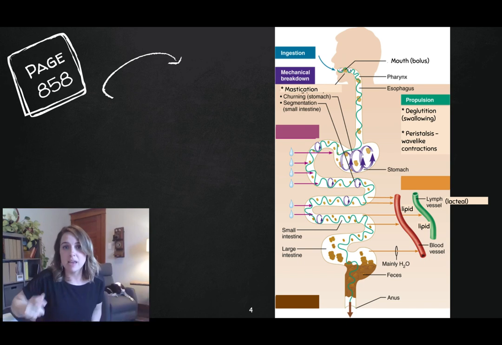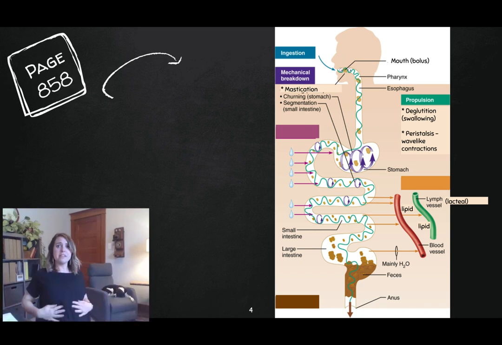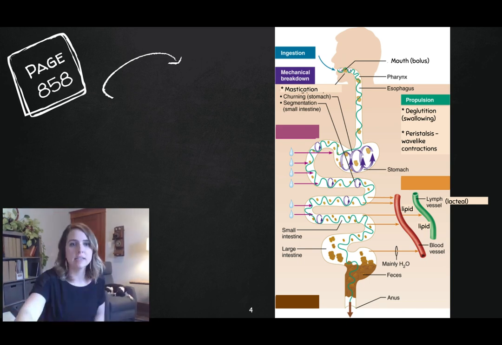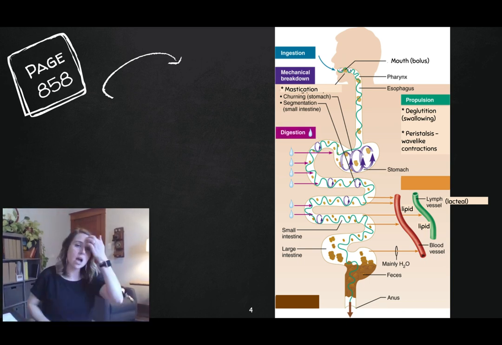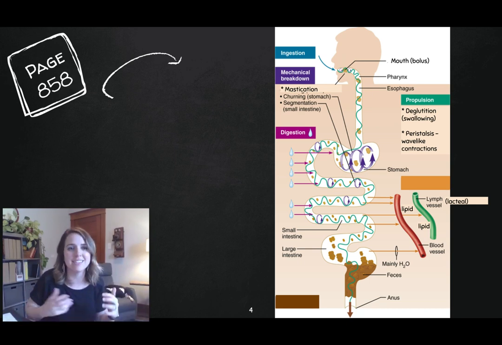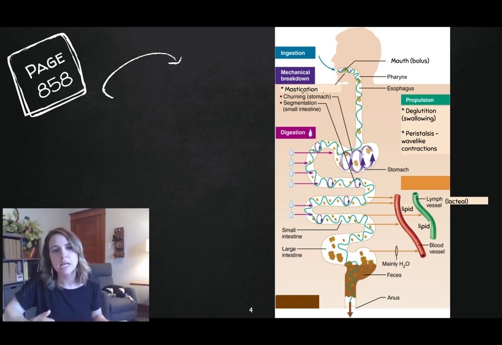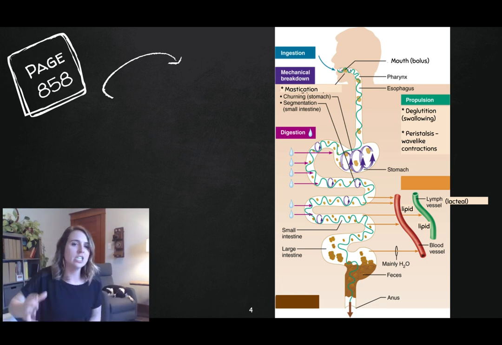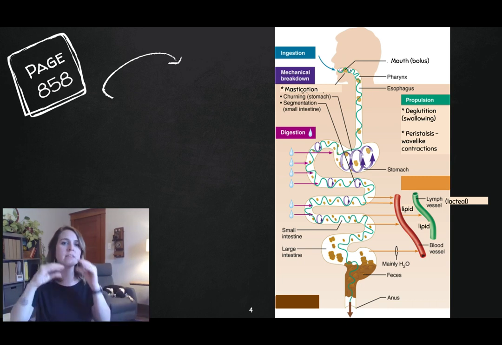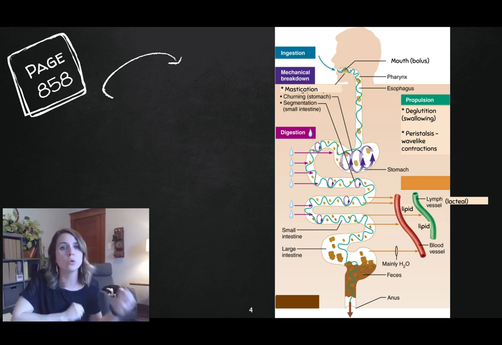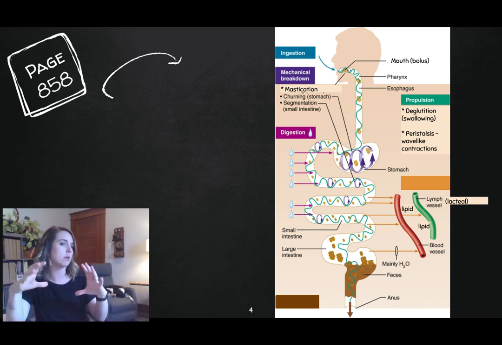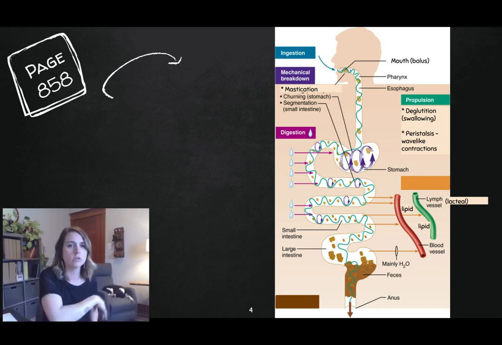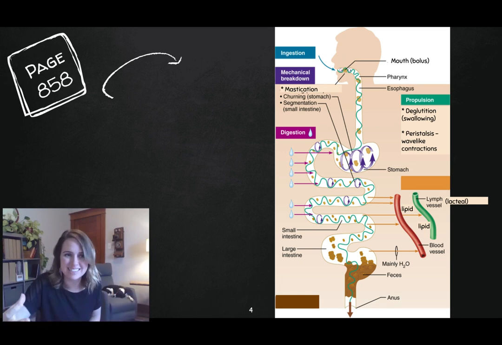Then we get to the end part of our stomach and the small intestine, and this is where the action happens. When we talk about digestion, this is the digestive chapter, I am talking chemical breakdown. Digesting something would be taking a piece of bread and turning it into glucose, taking a complex carbohydrate and breaking it down into smaller and smaller subunits, or taking a piece of steak that's tons of protein and breaking that down into amino acids.